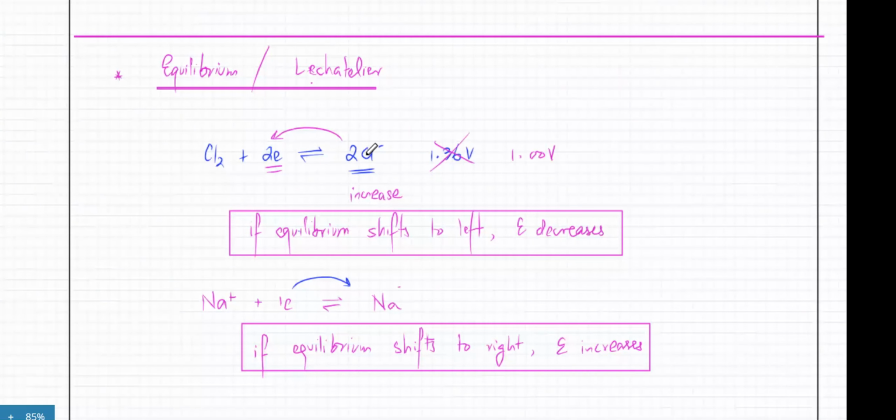Like if you increase the concentration of Cl ions, the equilibrium is going to shift in the backward direction. And when it shifts backward, a lot more electrons are going to be produced, and the electrode would be full of electrons and more negative because of these electrons. So the potential would drop. It's not going to be as positive as compared to standard conditions.